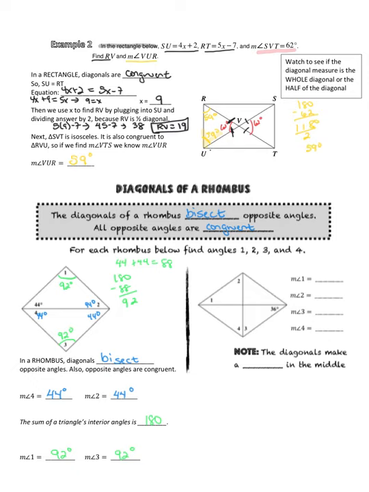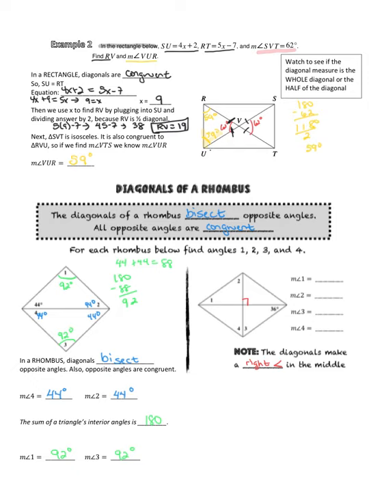Now, remember what I said just a teeny bit ago about what diagonals do? They intersect at right angles. Make a right angle in the middle. So I can put that right there, which means I can find information with just a teeny bit.